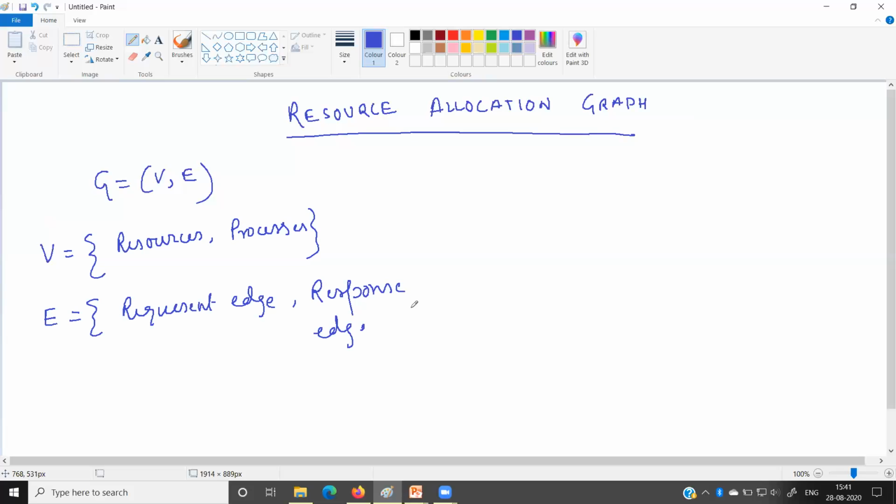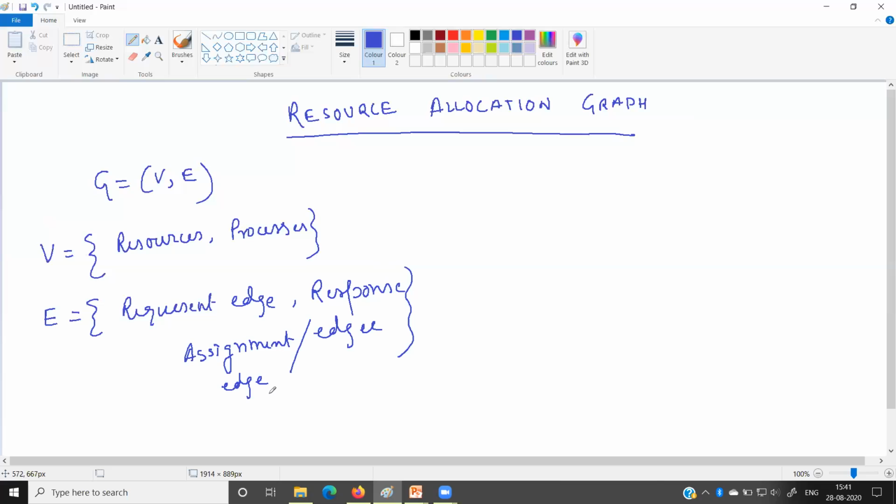Request edge means if a process is requesting some resource, then that edge is called the request edge. And if it is already assigned, this is called the response edge, or sometimes it is also called the assignment edge. Those are the set of vertices and the set of edges.